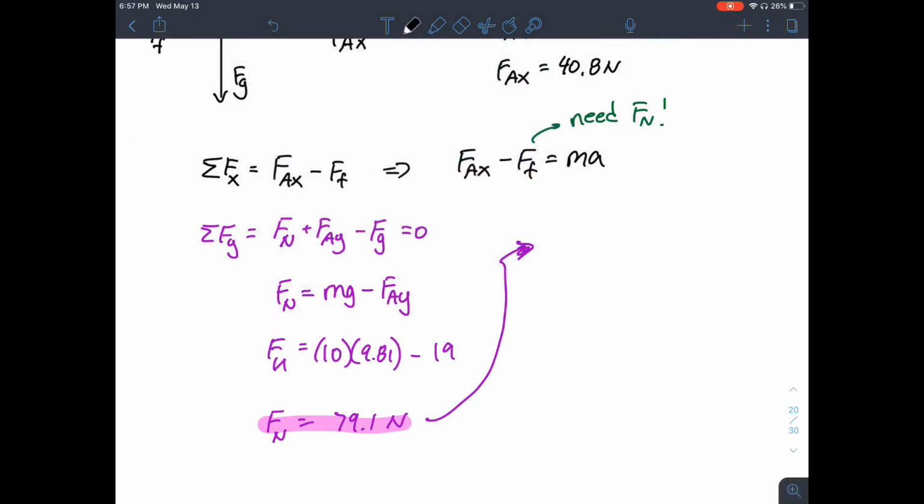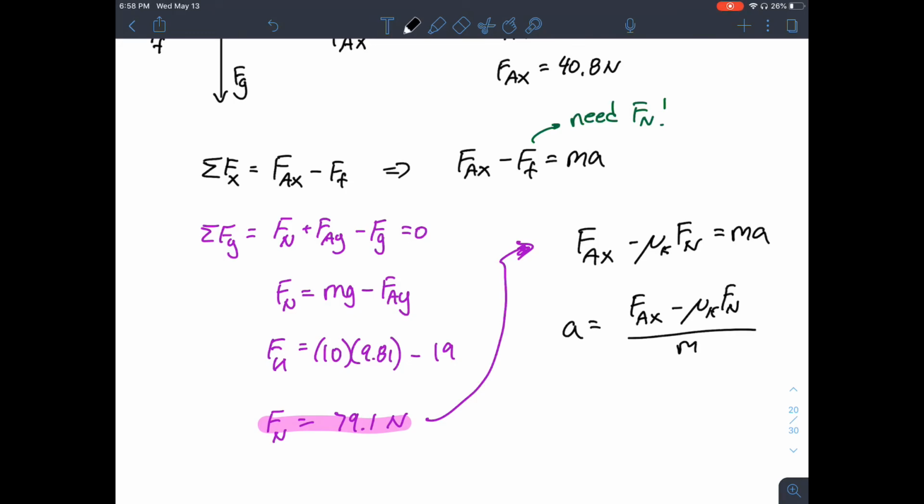So looking back at the x direction, our FAX minus our mu k Fn is going to equal the mass times the acceleration of the box. So this acceleration, if we just divide by the mass again, is FAX minus mu k times Fn, all over our mass. Well, we know everything here.